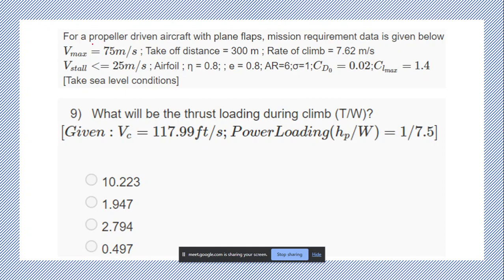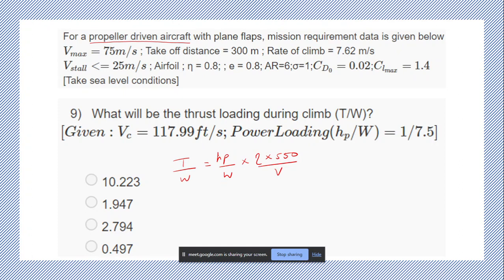It was a direct thrust loading equation: thrust loading equals eta into 550 by V into the power loading.